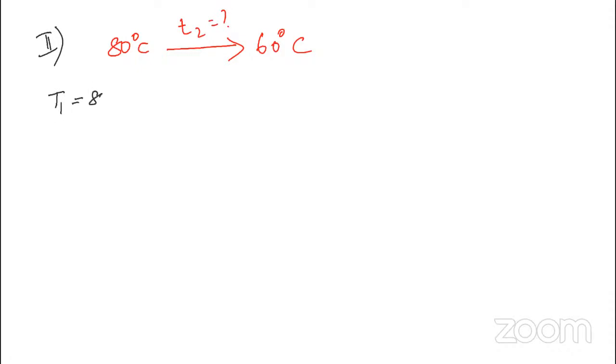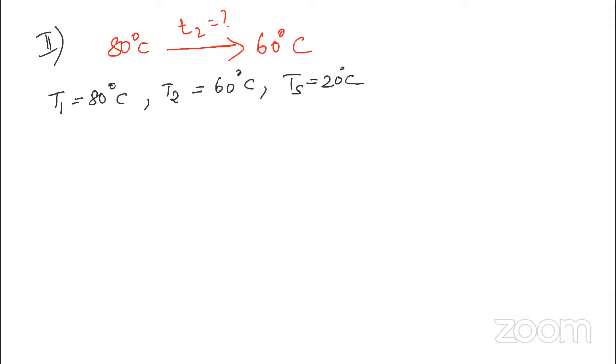Then let us now go for the second one. The condition is that it cools from 80 degree to 60 degree, and we have to calculate the time for that. So T1 is 80 degree centigrade, T2 is 60 degree centigrade, and TS is 20 degree centigrade.